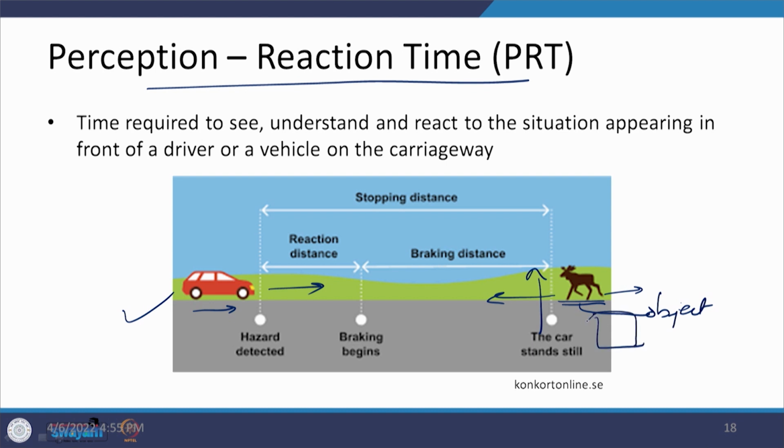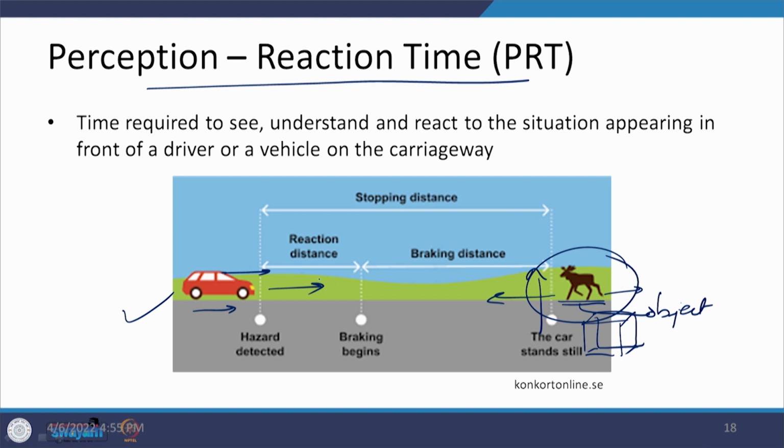So, if that box is there, we are going to consider that also as an object which is lying at that location. Now, this driver sees it, and now he or she is trying to see what exactly is happening with this object. Is this object moving? Is this object stationary? If it is moving, then in which direction is it moving? Coming towards the vehicle, going away, or just simply crossing.